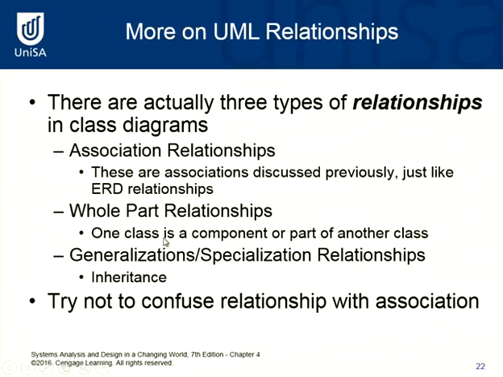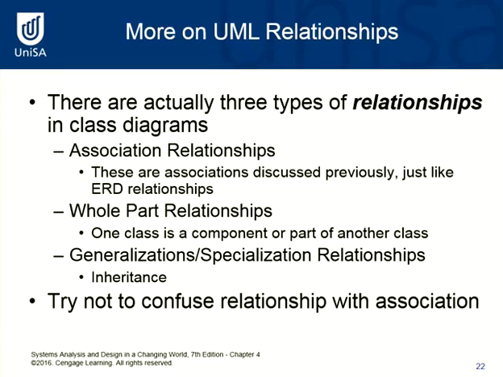So, thinking about relationships versus associations, there are three types of relationships in class diagrams. We've got the association relationship, where we've got car has wheels, so the has is the association between the two. We've got the whole part relationships, where we've got the whole and the parts that make up the whole.